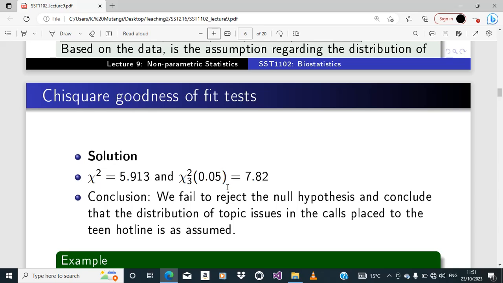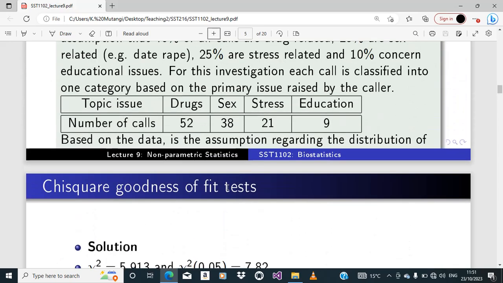So you are multiplying 120 by 0.4 to get the expected frequency for the first class. And then you multiply by a quarter to get for the second and third class, and then you find E4 is 10% of 120, which is 12.